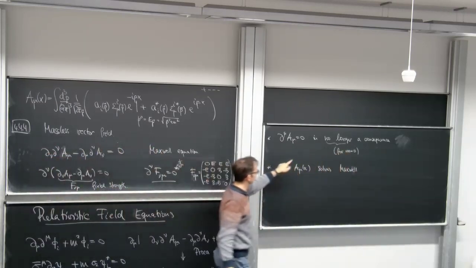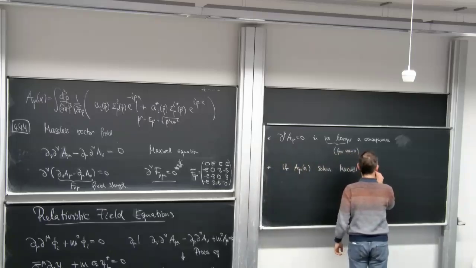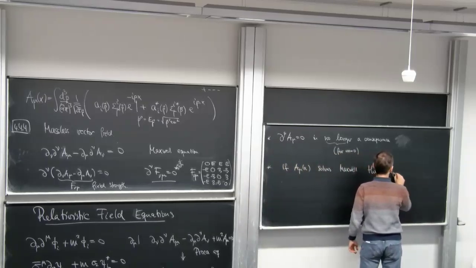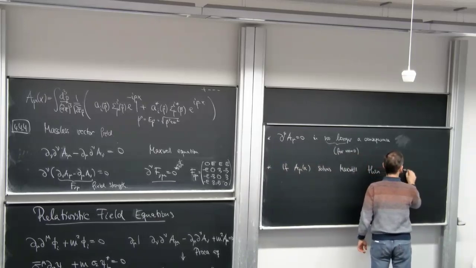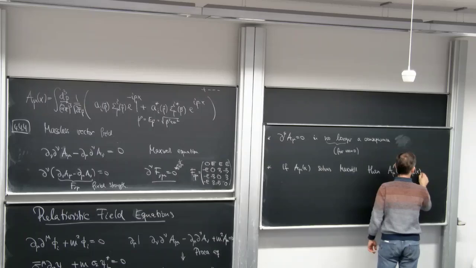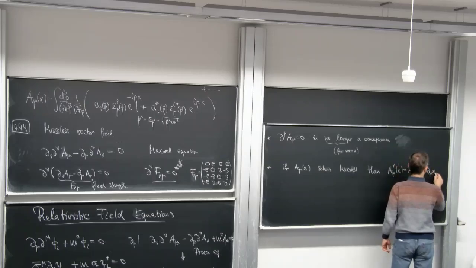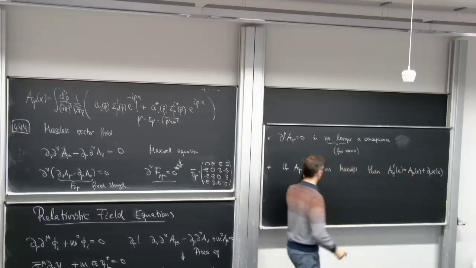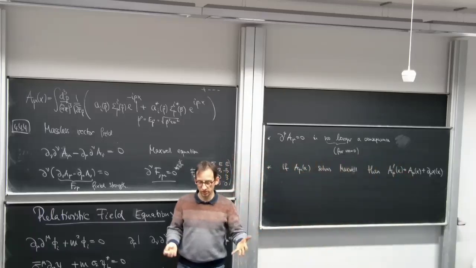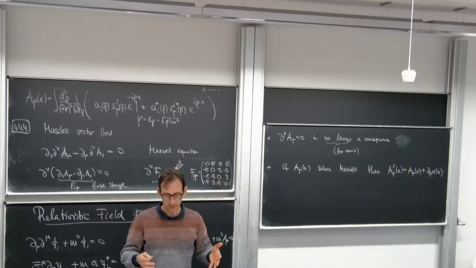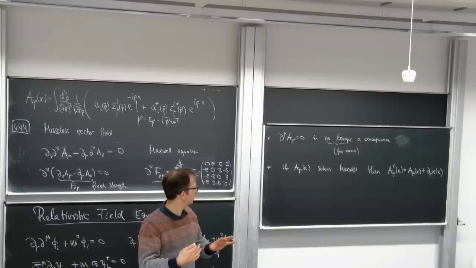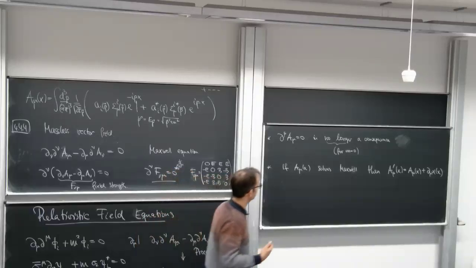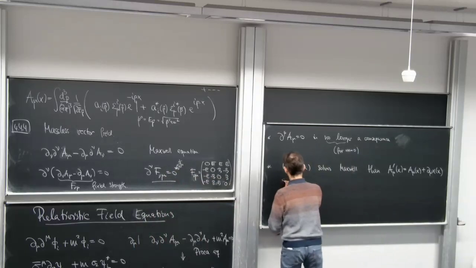So if A solves Maxwell, then A mu prime, which differs from this one by a function alpha of x with an additional derivative, then it solves Maxwell too.